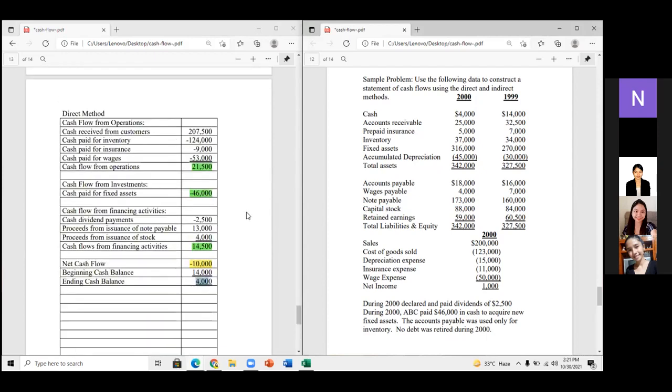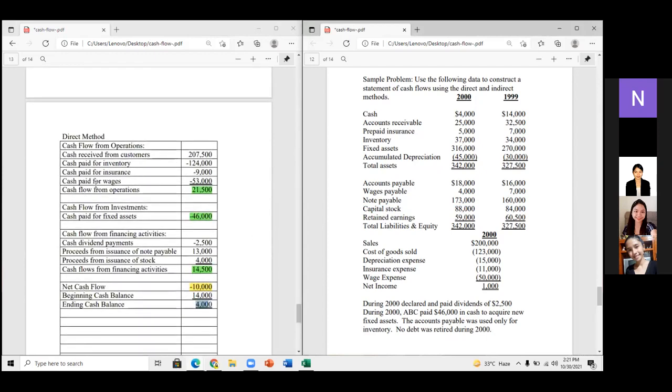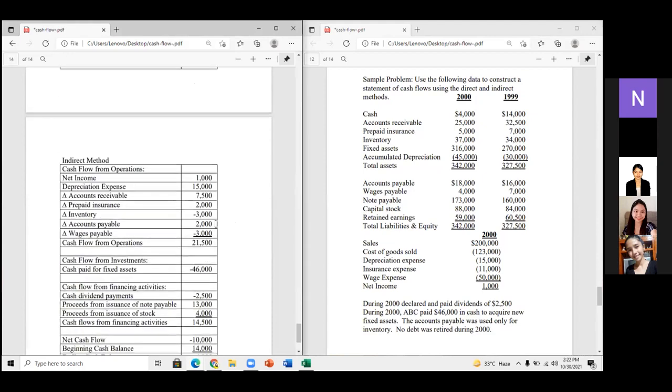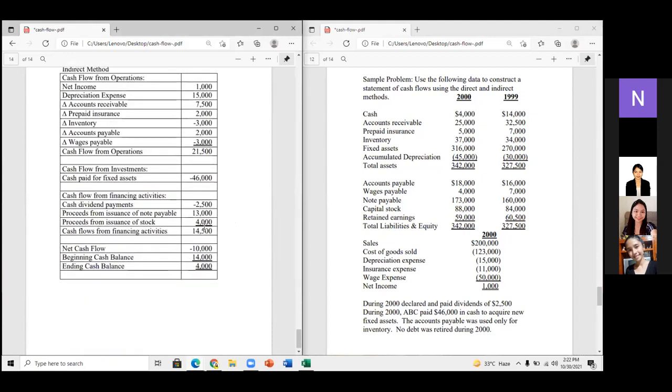So, kung kanina, dito sa direct method, yung sa cash flow from operations, nag-start na agad tayo sa cash receipts from customer and nilas na natin yung mga payment. Dito naman sa indirect method, magi-start tayo sa net income.